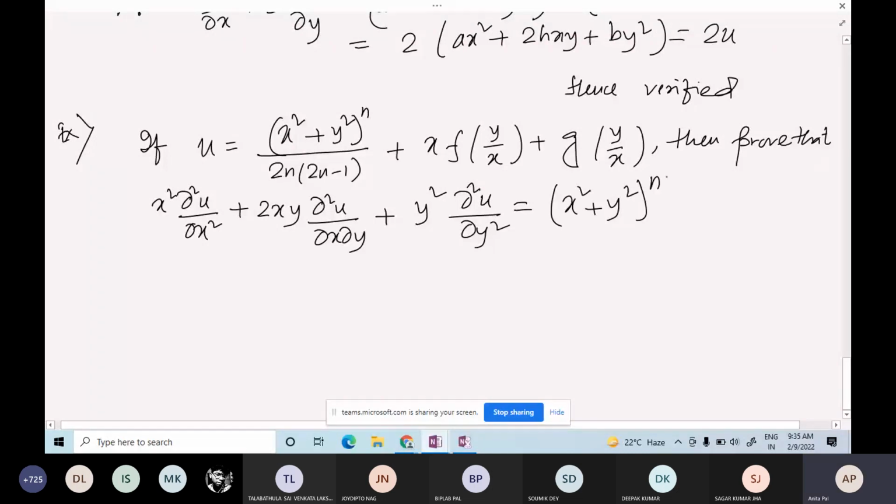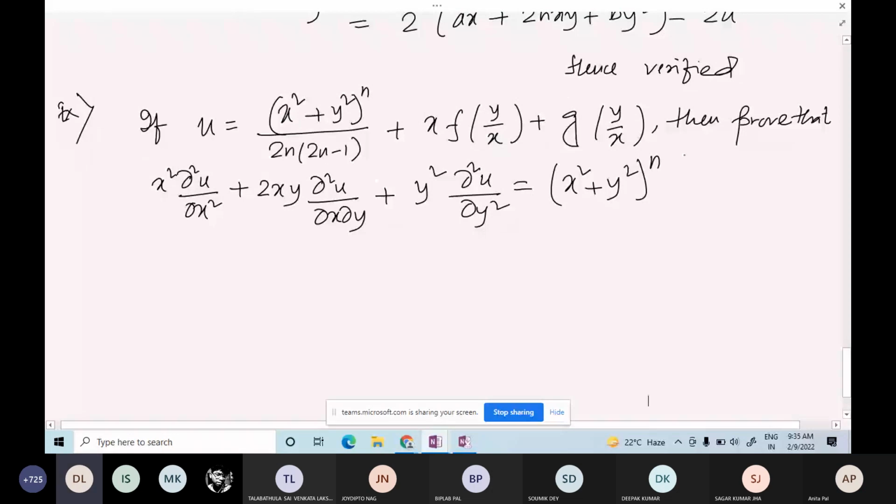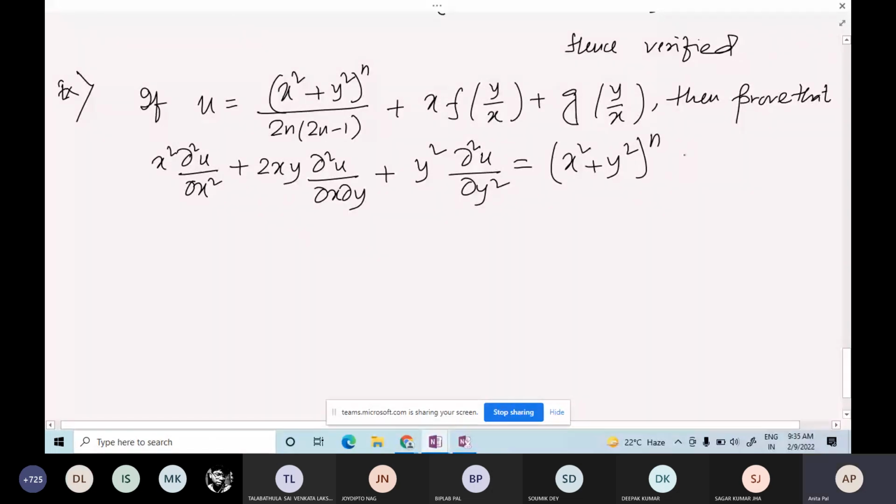Can you see the sum? So we have to prove, u is given as 3 parts, you can see. There are 3 parts, and we have to prove this expression.